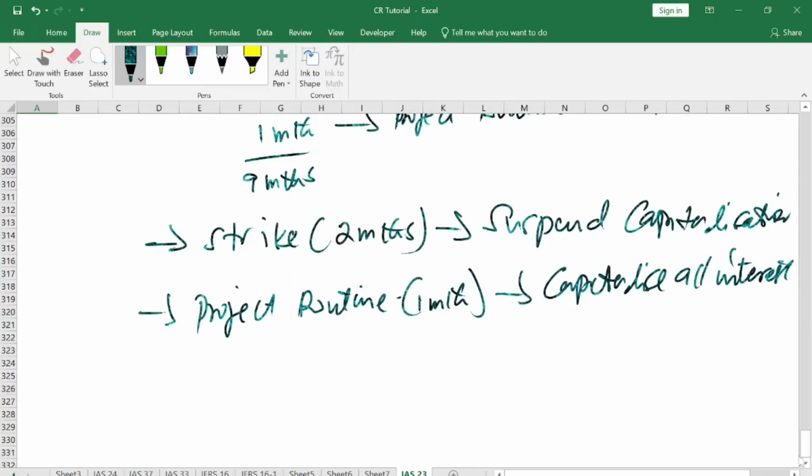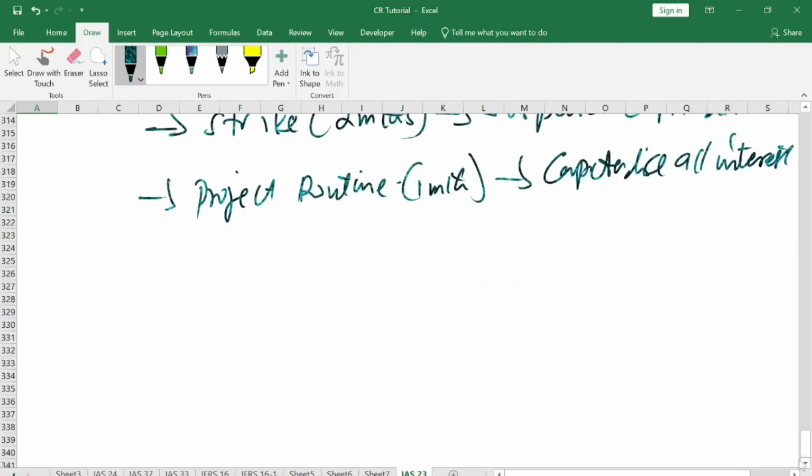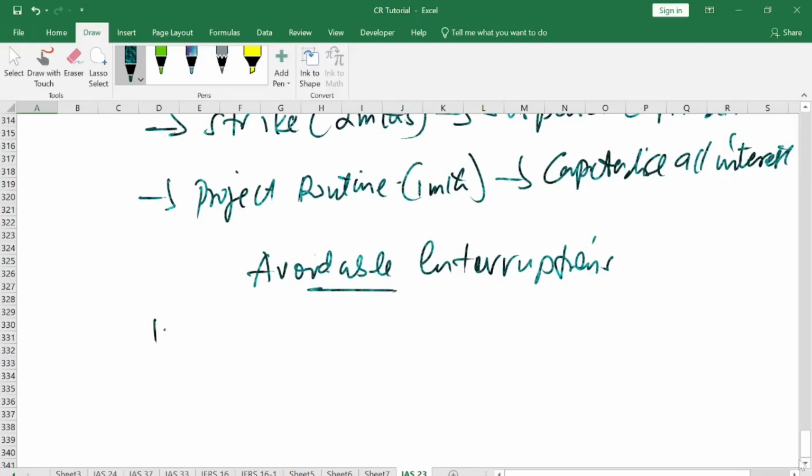Here's the explanation. What this means is that there are certain activities that are avoidable by the owners of the project. Let me put it this way: examples of avoidable interruption. Example one: strike of workers.